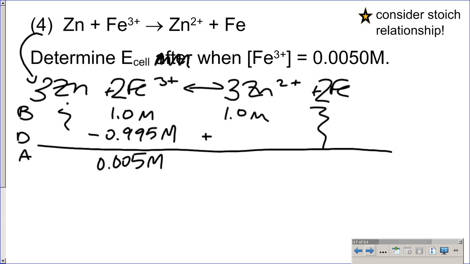Plus 0.995 and a 3 to 2 ratio. Stoichiometry. Remember your LR number coefficient always went on the bottom. Okay, right there. That's where that 2 is. All right, so then that number is 2.4925 molar.